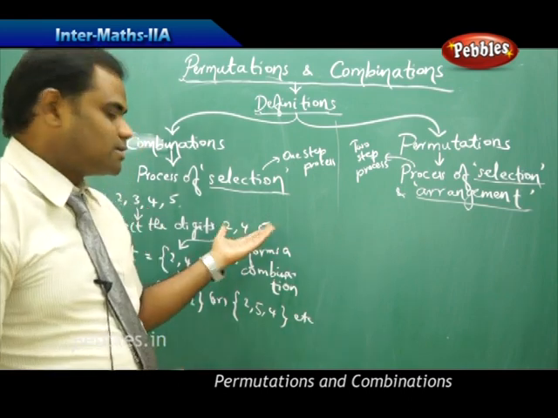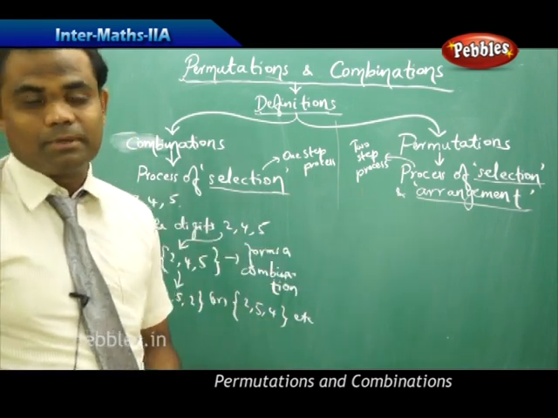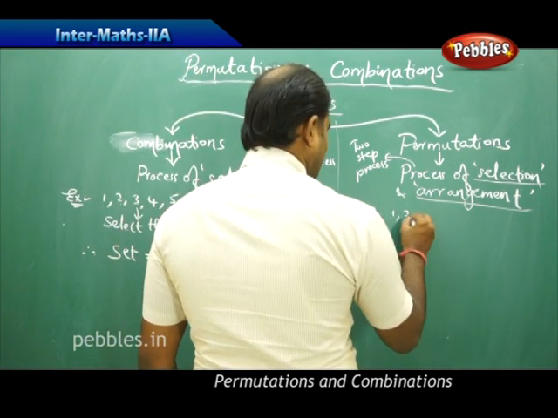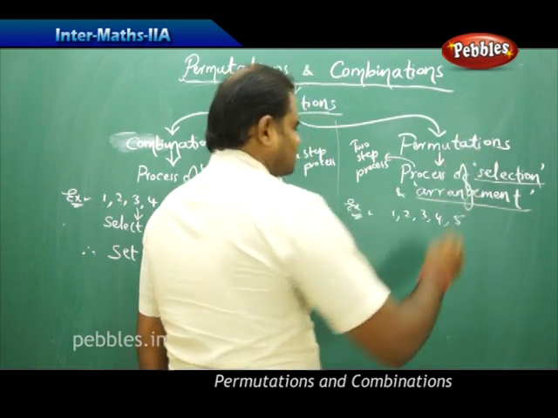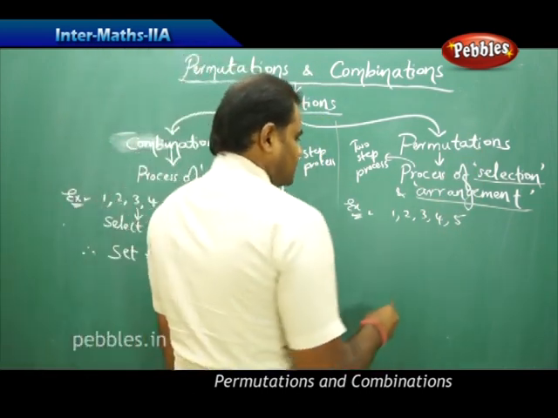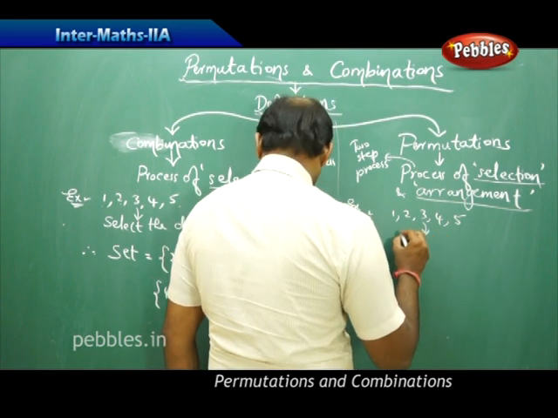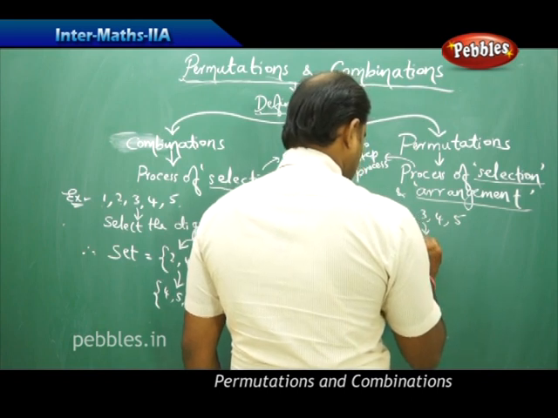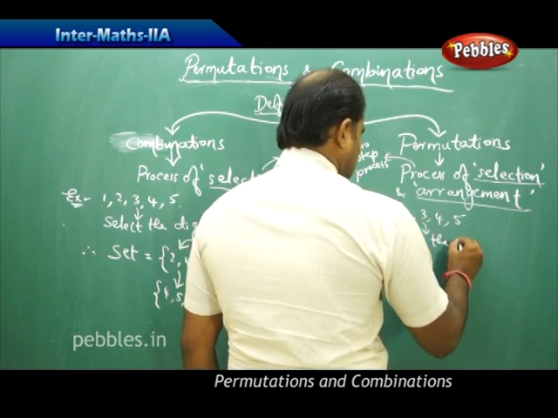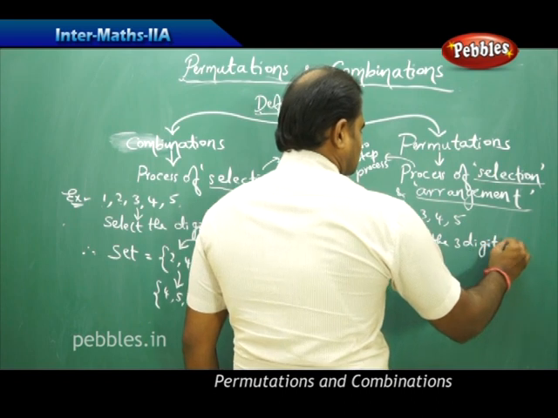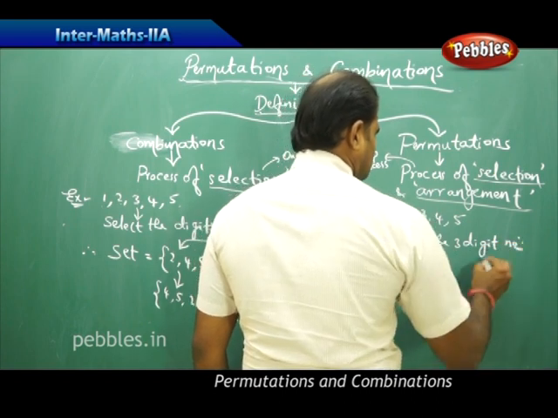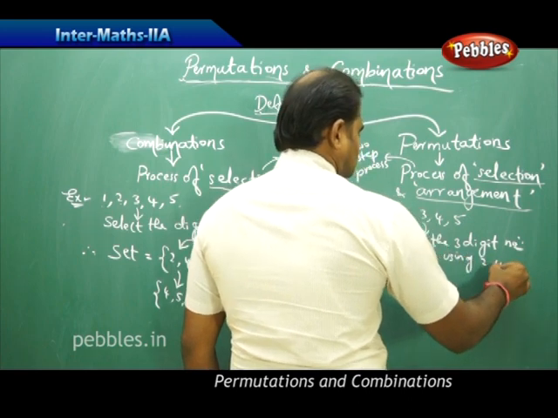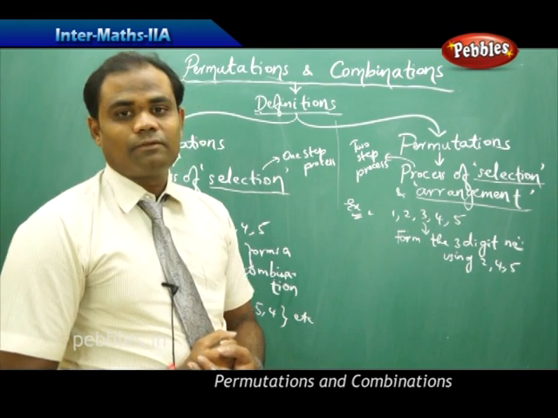Now let's see the same problem, how we can understand it through the permutation. Say for example, my question is that again I have the same numbers 1, 2, 3, 4 and 5. Then my question here is how to form the 3-digit numbers using 2, 4 and 5.